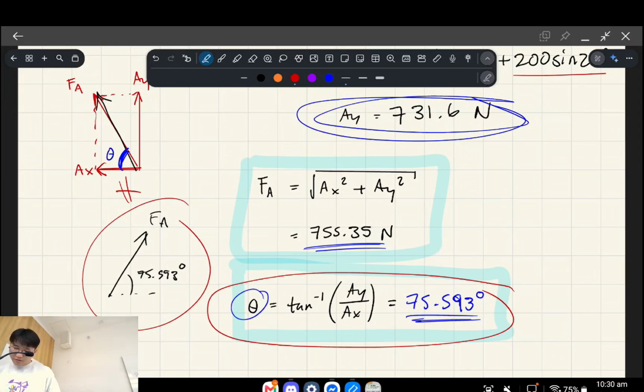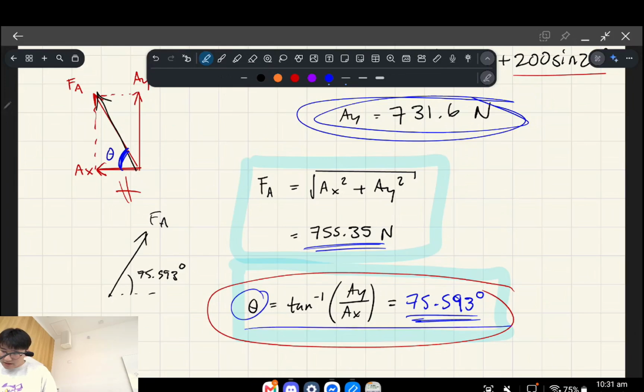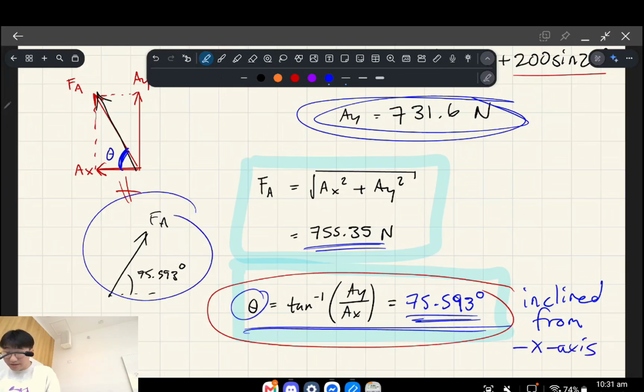So the way that you would word this is, this is the angle inclined from the negative x-axis. Do you know what I'm saying? Whereas this example is not the same because this is inclined from the positive x-axis, right? So it gives you a different direction for the force.